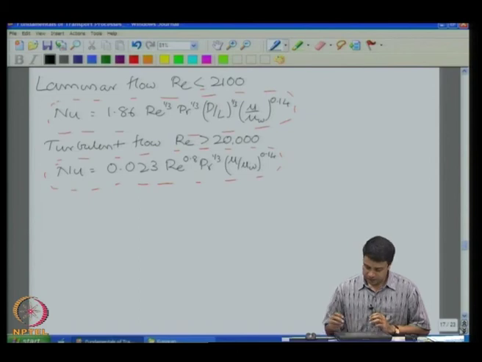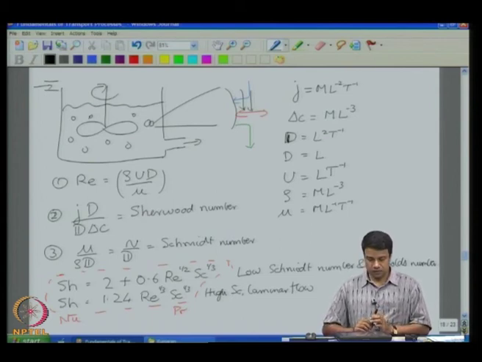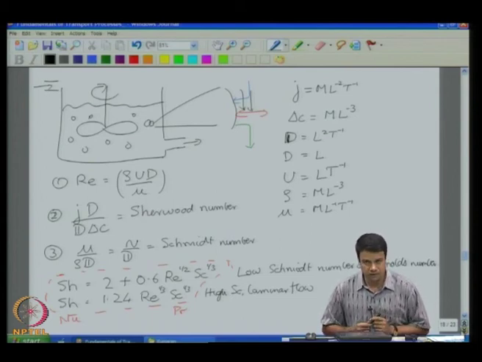In a similar manner, we looked at the heat transfer and mass transfer from a catalyst surface in the reactor problem. In that case, the mass flux is related to the difference in concentration, the diffusion coefficient, as well as the particle diameter, the mass, the velocity, density, and viscosity.